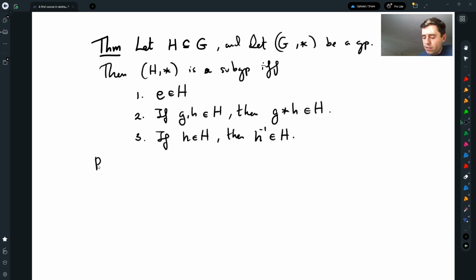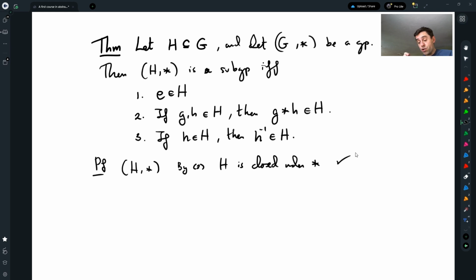And the proof of this: consider (H, star). First of all, by 2, H is closed under star. So that means that star is a binary operation on H itself. Then I need to check associativity.